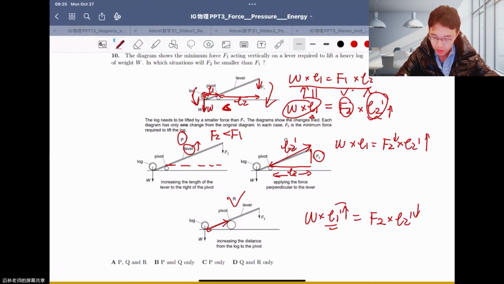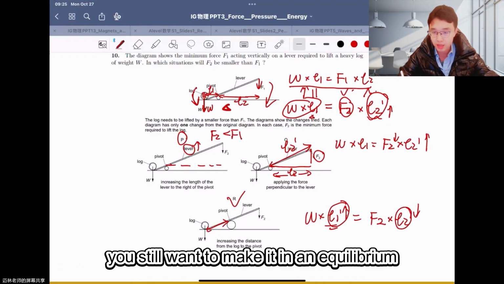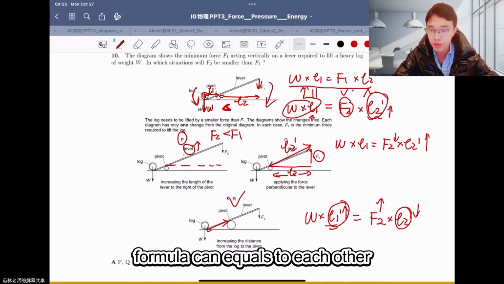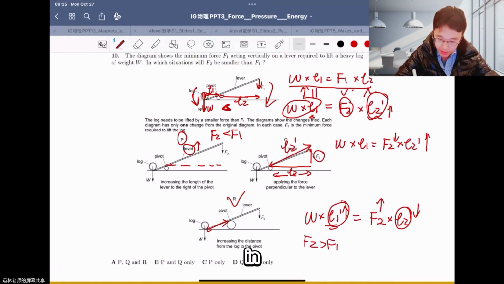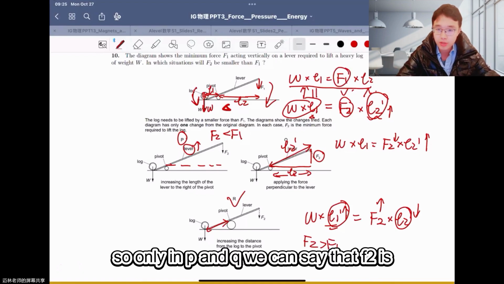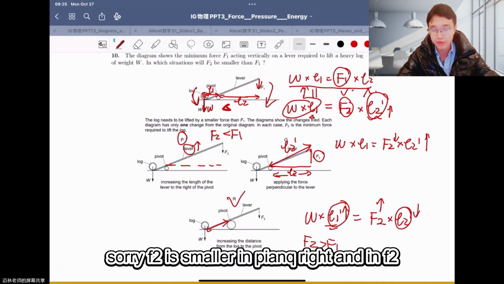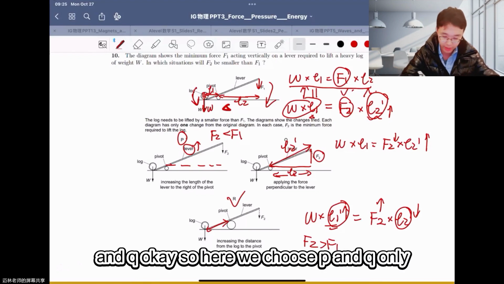So one is bigger, the other is smaller. If you still want to keep it in equilibrium, you have to increase F2, so the formula can balance. So F2 is bigger than F1. So in P and Q, F2 is smaller, and in R, F2 is bigger. So we can only choose P and Q.